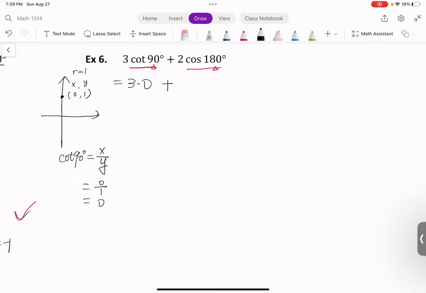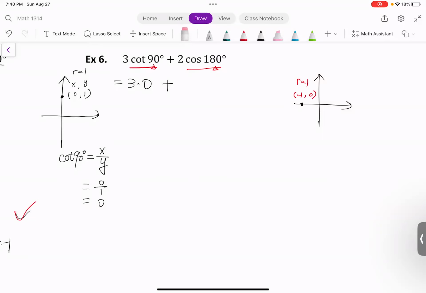And how about the second part? I'm looking for cosine 180. Where is 180? It's a point here, because I do the half full rotation and I got here. Then what is the coordinate of this point? This point is -1, 0, and r equals 1.